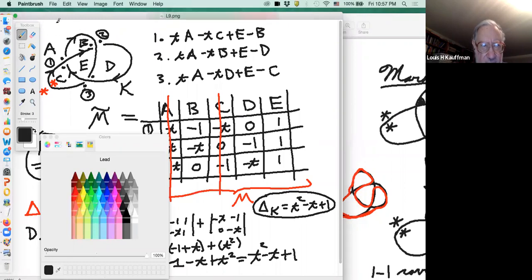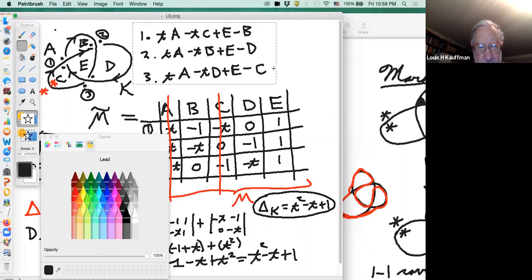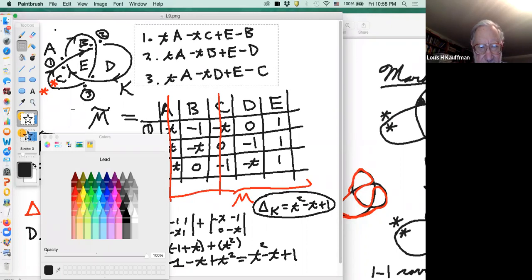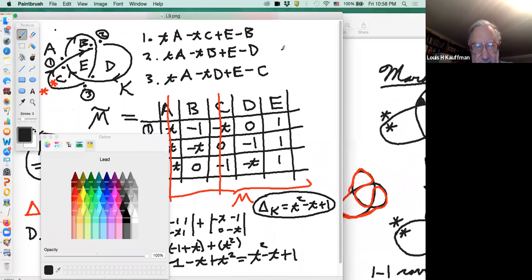Let me draw the underlying diagram again. Over here. Let's move these equations a little bit to the left. Now, let me draw that diagram again.